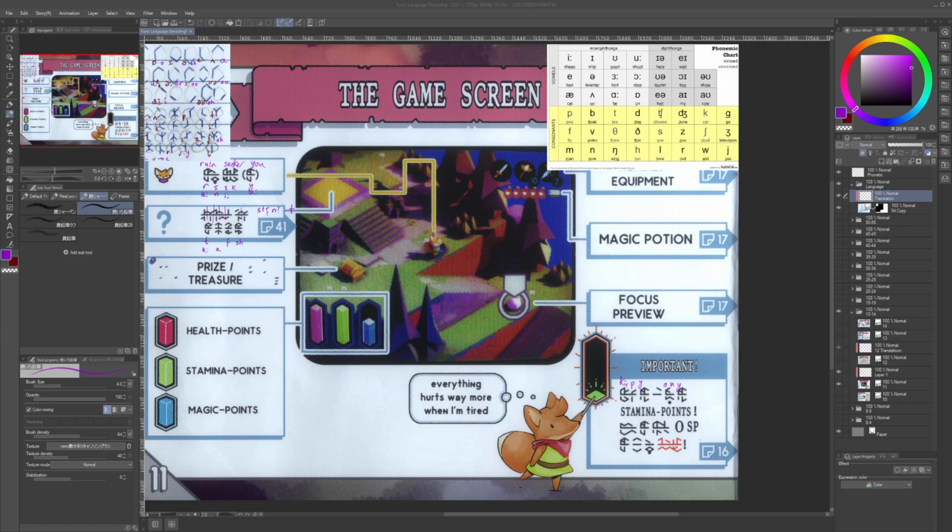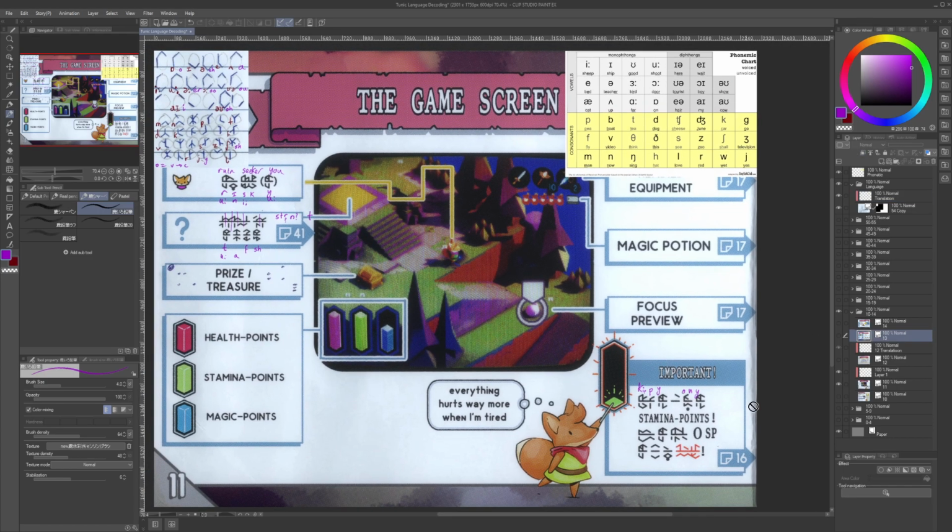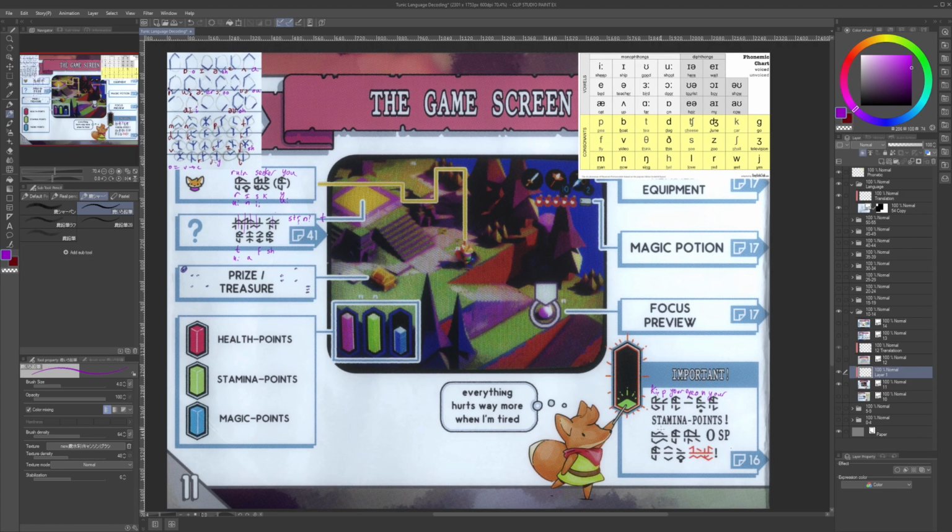I. What? Oh, it's AI. My. Oh, we do have AI. My bad. Keep your eye on your stamina points. We've got to make sure we're actually writing down these translations as we get them as well.